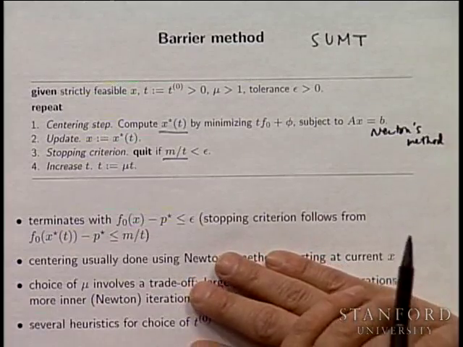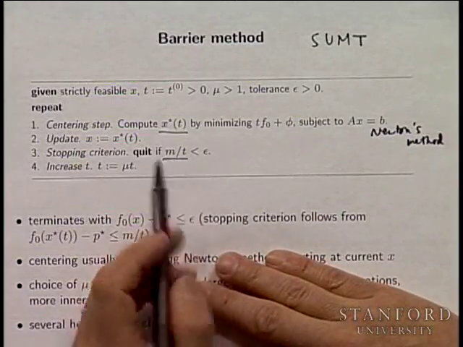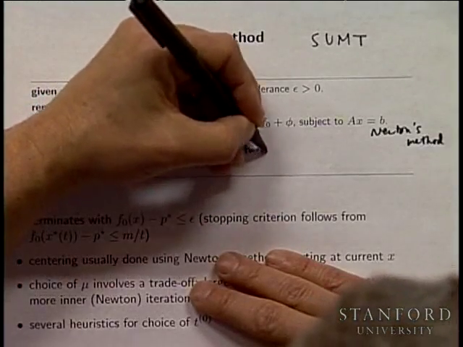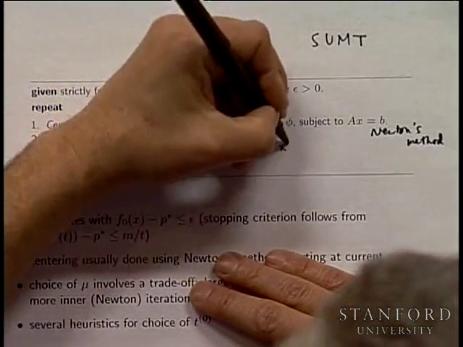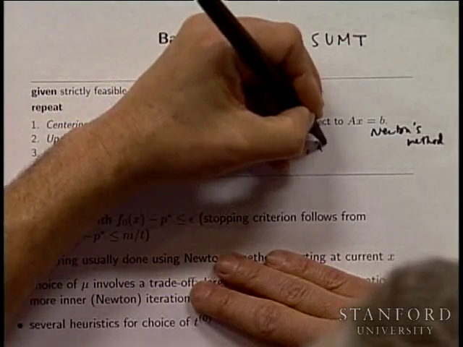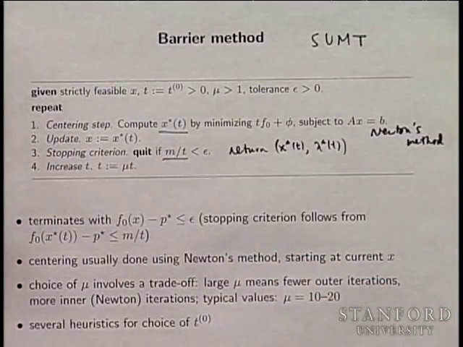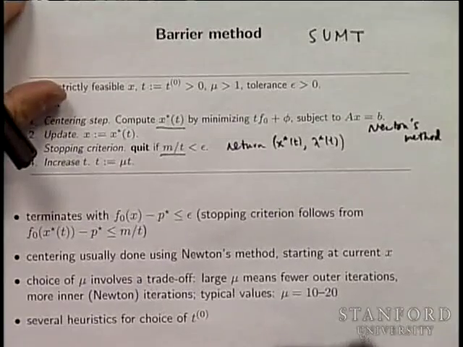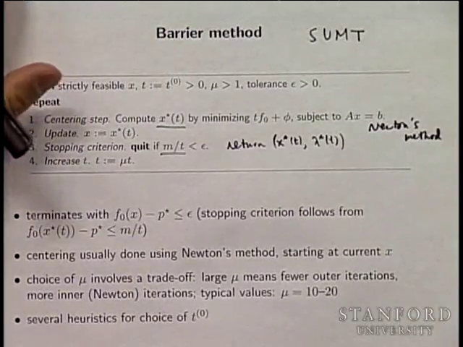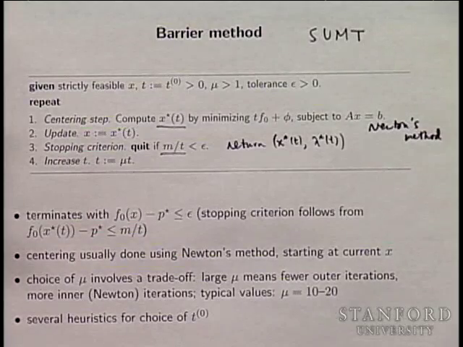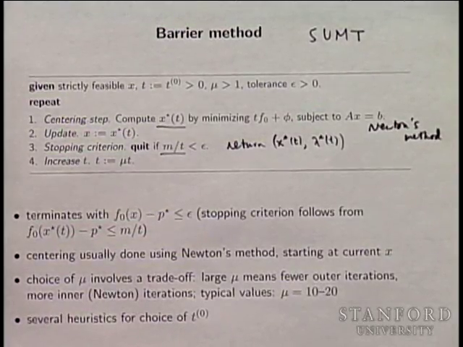And by the way, when you quit, you could actually return both x star of t and lambda star of t. And in fact, it's considered polite, if you write a solver in convex optimization, at least, to not just return a nearly primal optimal point, but to also return a nearly dual optimal point with a duality gap that's less than some number, right?